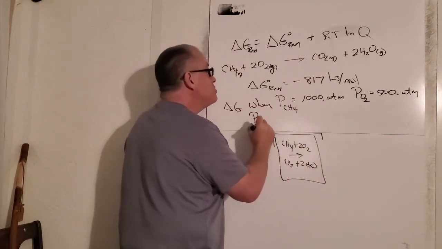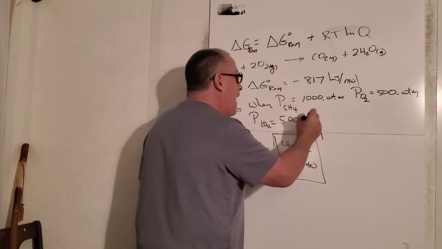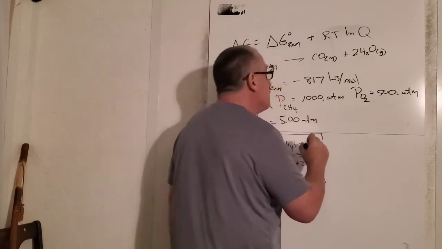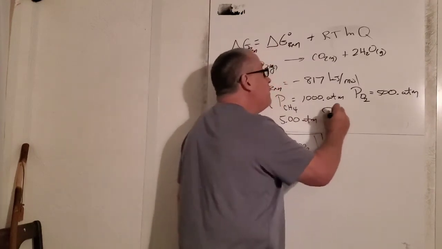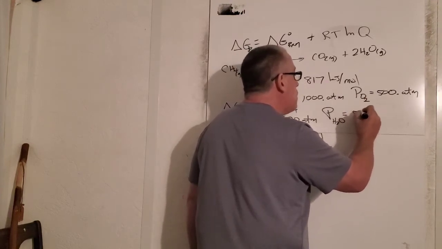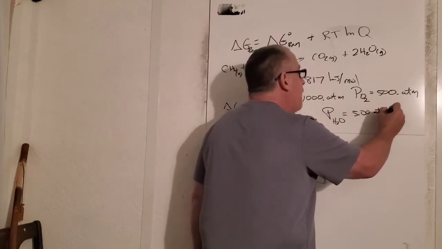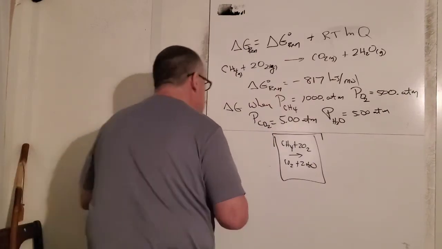The partial pressure of the CO2 is, let's say, 5 atmospheres, quite a difference. And again, I'm just making up numbers to create a problem. And the partial pressure of the water is, let's say, also 5 atmospheres. Okay?